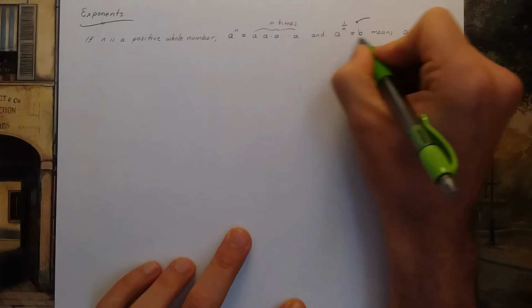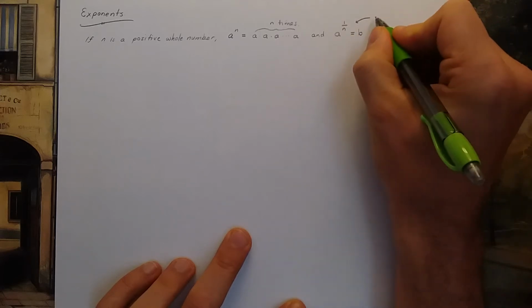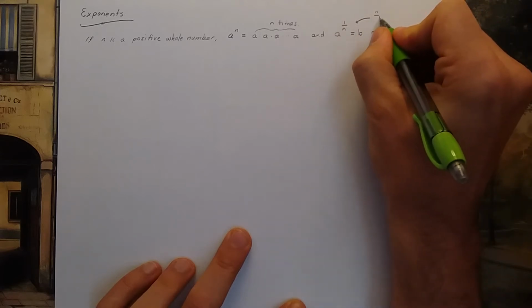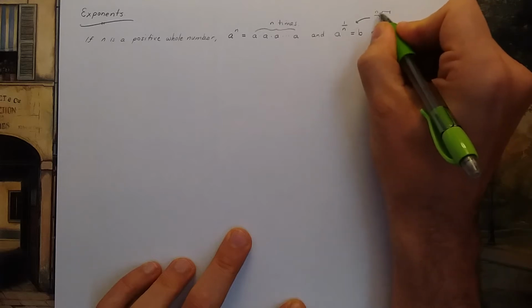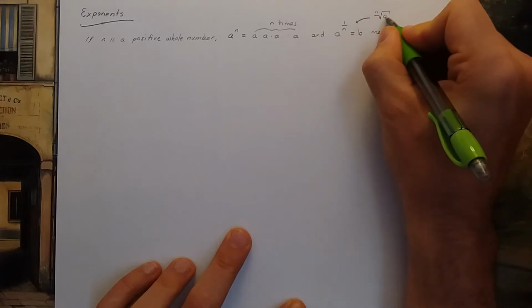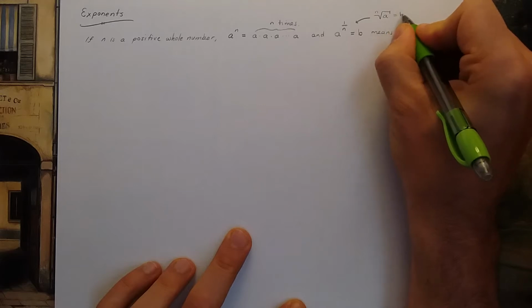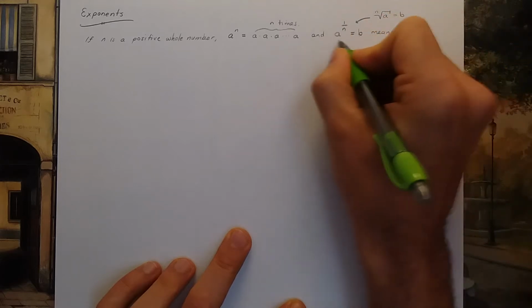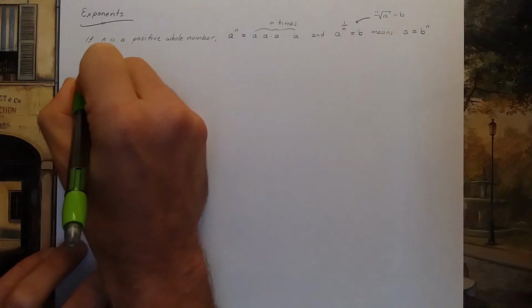Sometimes this relation is also denoted with a square root type symbol with a little n up here. So that's alternative notation for this expression. Let's see some examples.